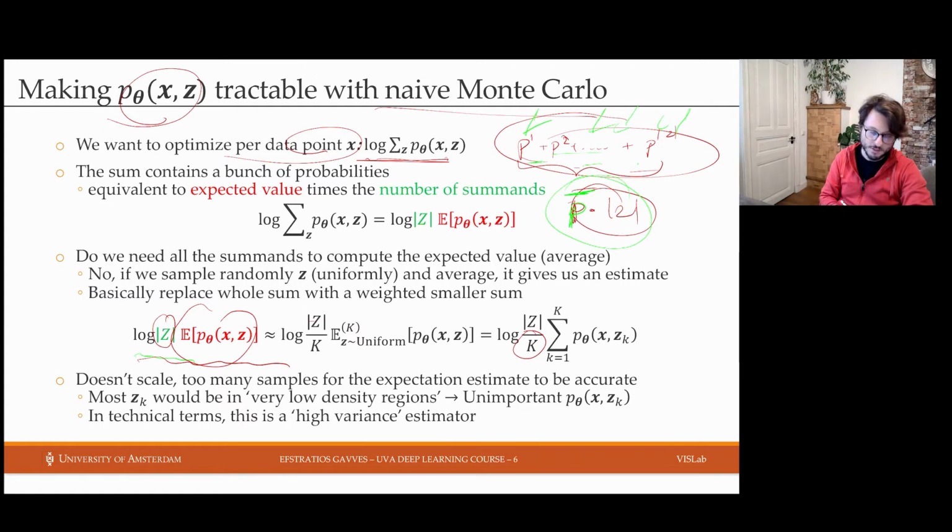The problem is that it doesn't scale, because in order to compute good estimations for our expected value, so for our sample average, we need a very large number of these samples. So maybe 10 is not enough, maybe you need 100 or maybe even more. You can think of this intuitively as follows. Out of all these items in the summation, a few will have large values, others will have smaller values.